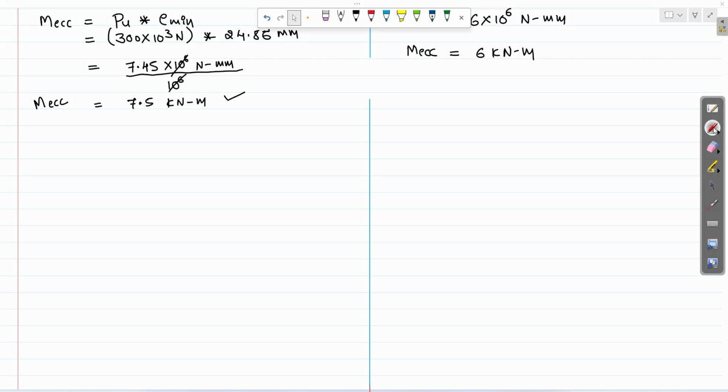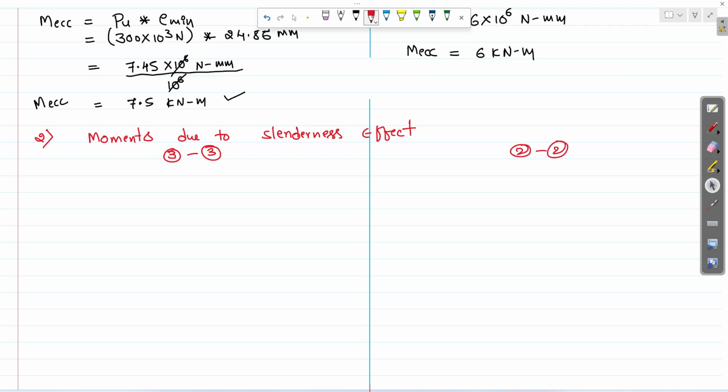so next step is moments due to slenderness effect. So second will be moments due to slenderness effect. So for which same you have two axes, about 33 and about 22.